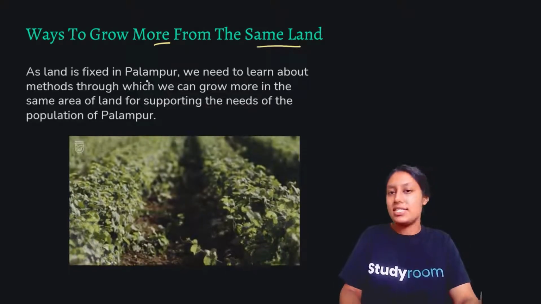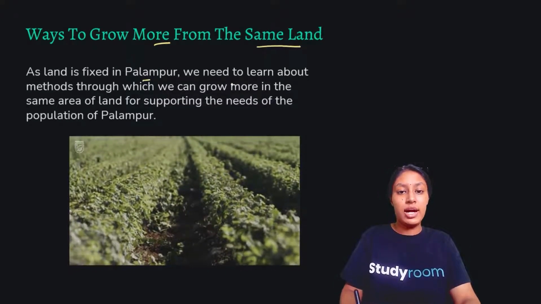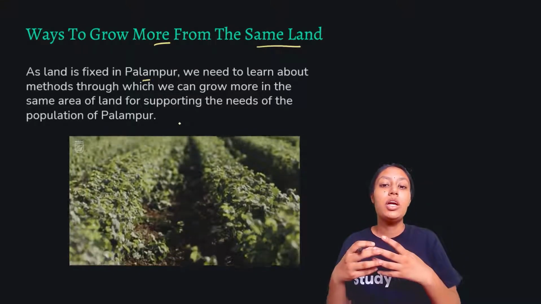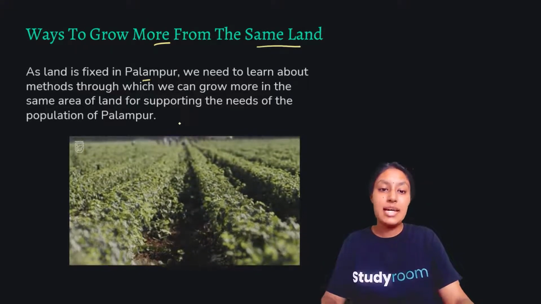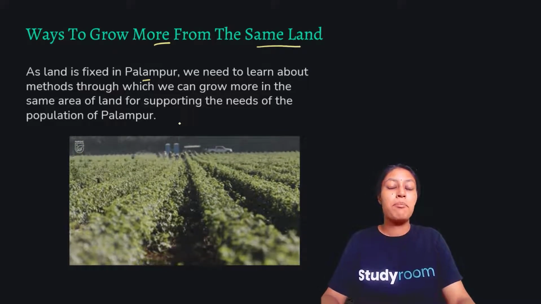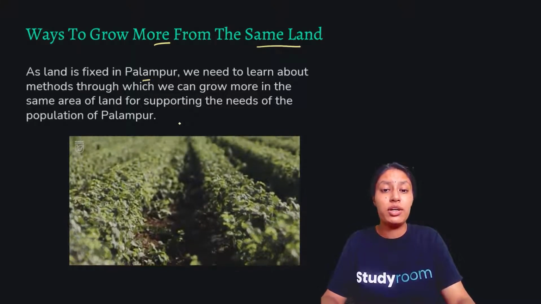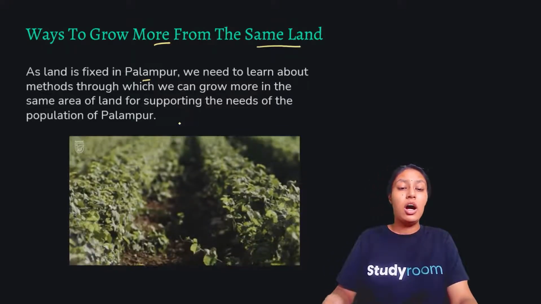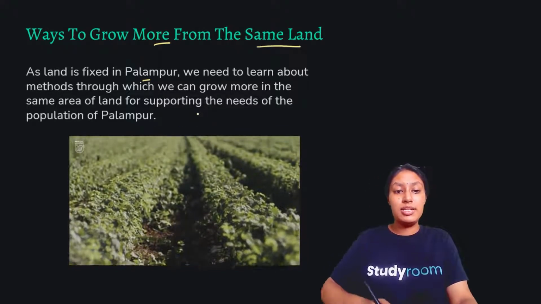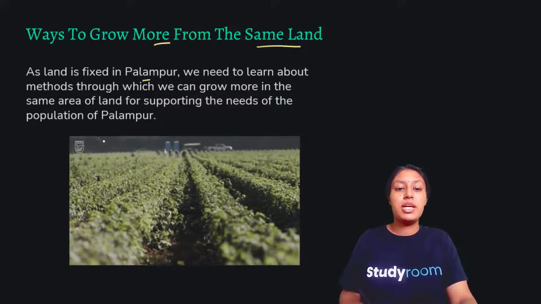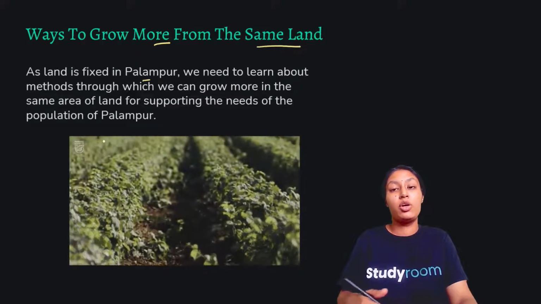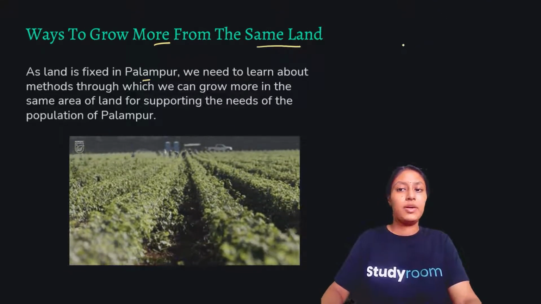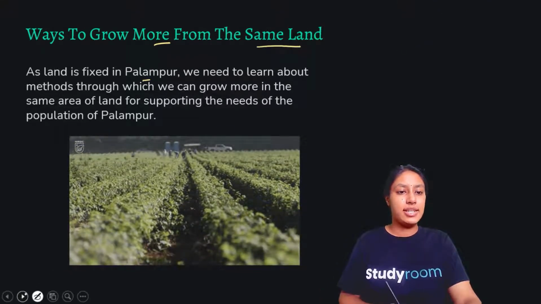As land is fixed in Palampur, we need to learn about the methods, a few cultivation techniques that can be applied, through which production can grow more in the same area. Let's look into some of these techniques.